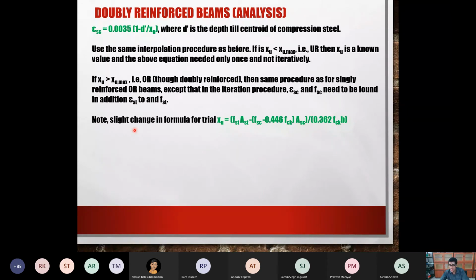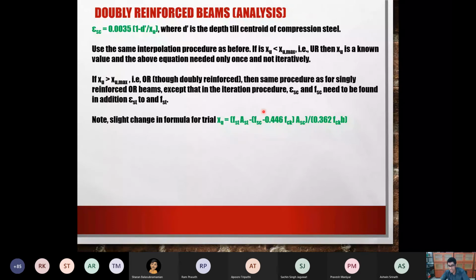Now you will have a slight change in the formula for XU. Previously for a singly reinforced beam, your XU formula is FST AST divided by 0.362 FCK B. If you have a doubly reinforced beam, it slightly changes. It becomes FST AST minus FSC minus 0.446 FCK into ASC. This is the compression steel part, and this part is the concrete which has been replaced by steel on the top.